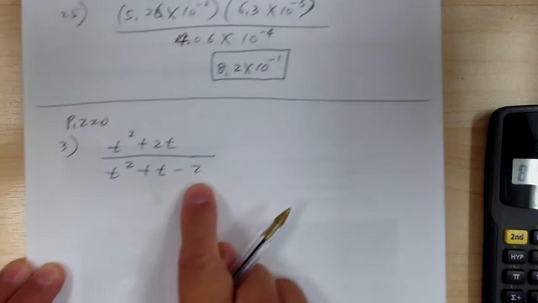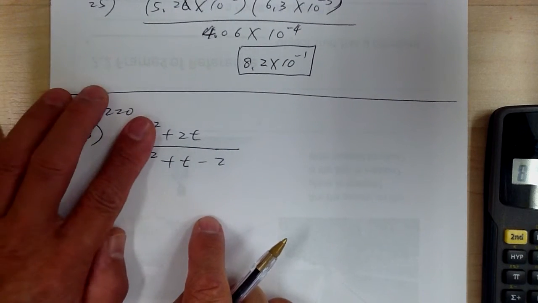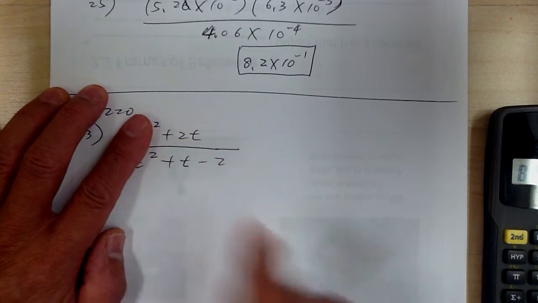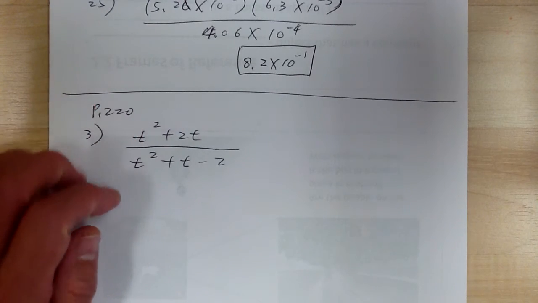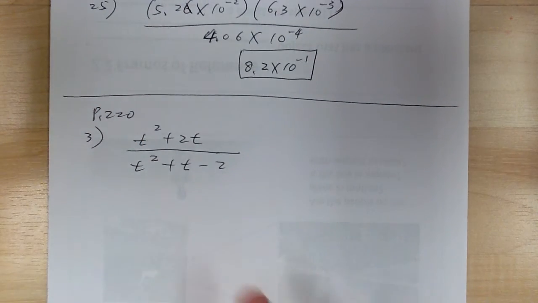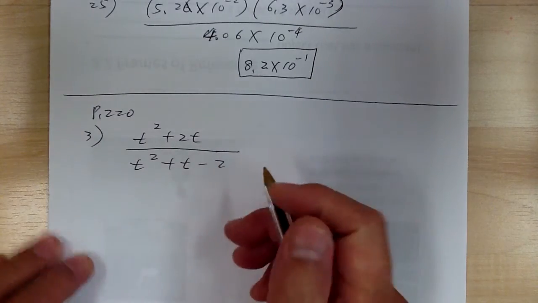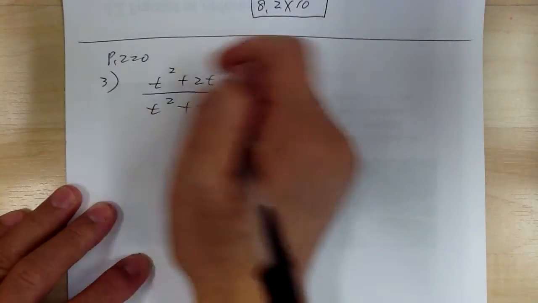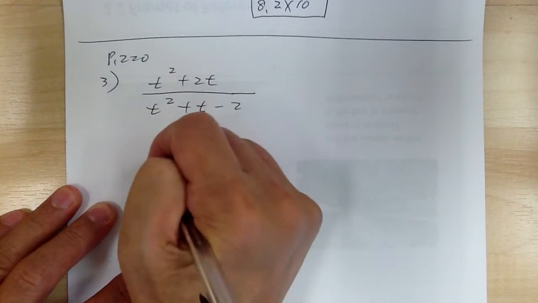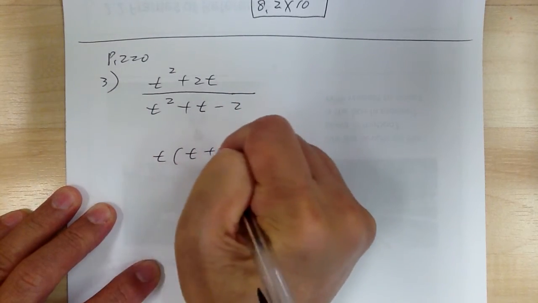Now, these are terms, so do not cancel out the t squared, do not cancel out the t, because those are terms, you cannot cancel out the terms. As soon as you see addition, subtraction, those are terms, which means right away you have to think about factoring. So on the numerator, let's factor out the t. So you're going to get t plus 2.